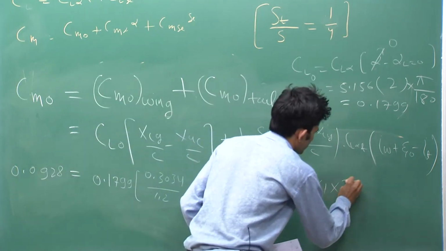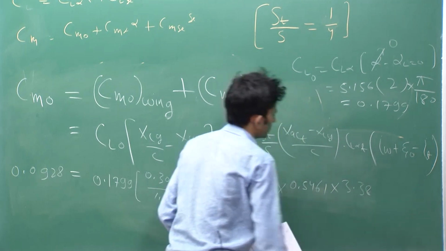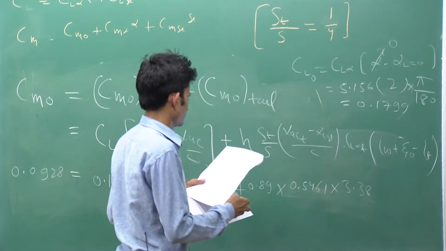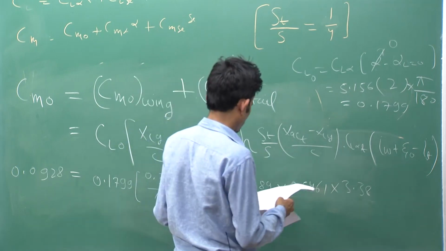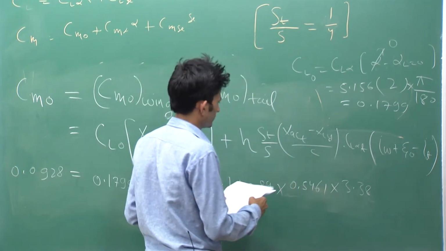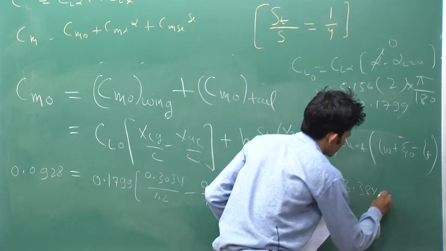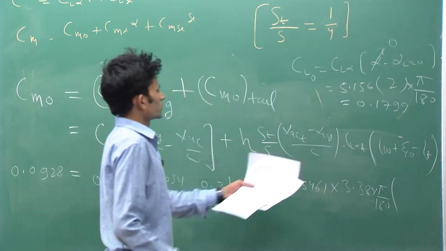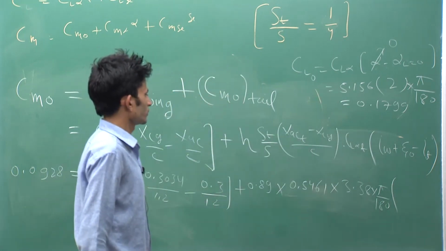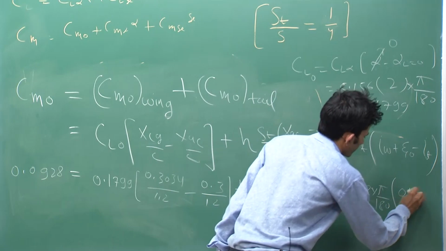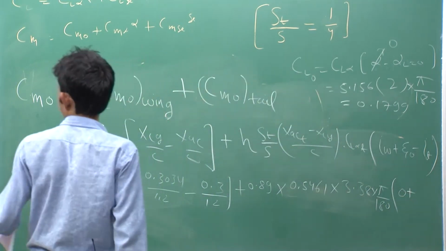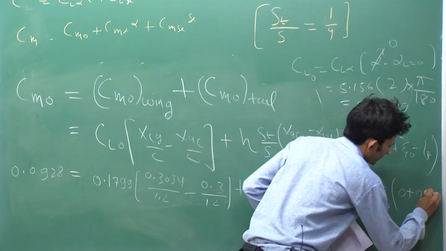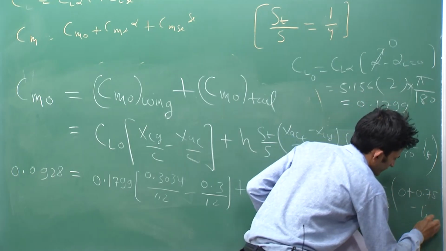CL alpha of the tail is 3.38. Be careful that it is per radian. So you can convert this into per degree, then it will be easy because here you will put all these numbers in degree. So the wing incidence angle is 0, and what is epsilon naught? It is given as 0.75, right? 0.75 degree minus IT.